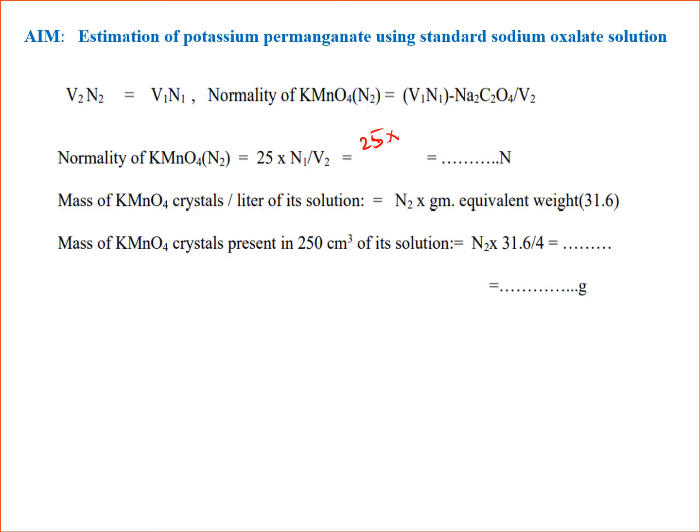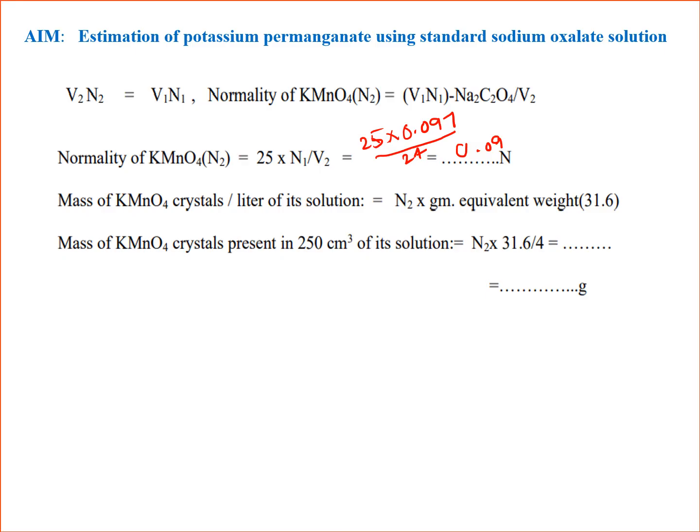Then N1, the normality of sodium oxalate, is 0.097, divided by V2, the volume of KMnO4, that is 24. Then we get the normality of KMnO4 as approximately 0.09. That is the normality of KMnO4.